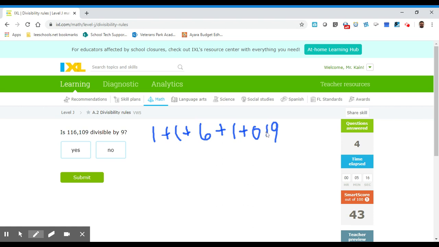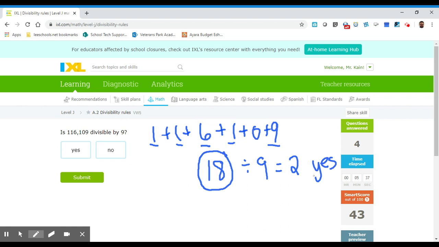So 1 and 1 is 2, and 6 is 8, and 1 is 9, and 9 is 18. Now, if the number you get when you add up the digits divides by 9, then the big number divides by 9. Since it divides evenly by 9, the answer is yes. This big number will divide by 9. Let's click yes. 18 does divide by 9.